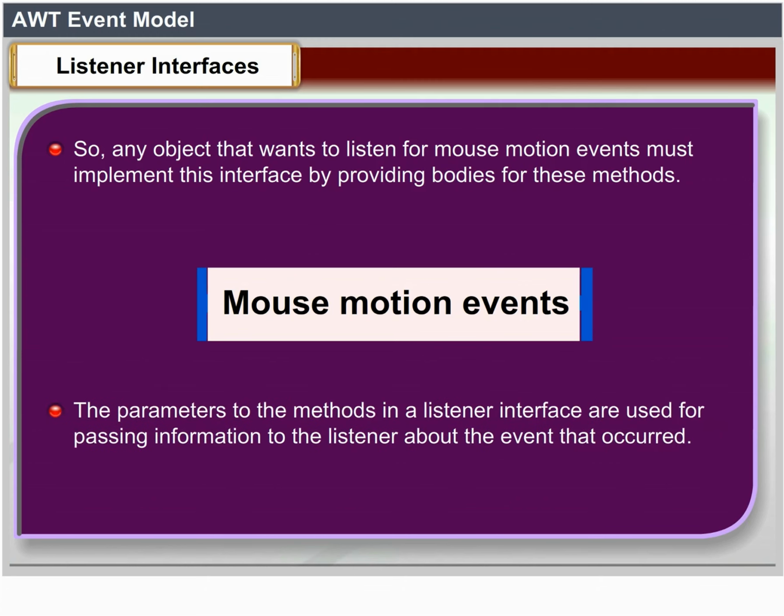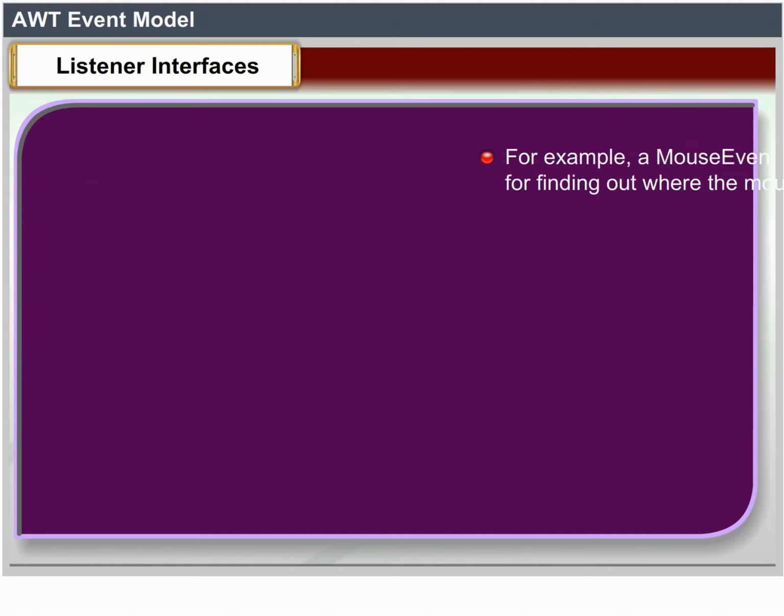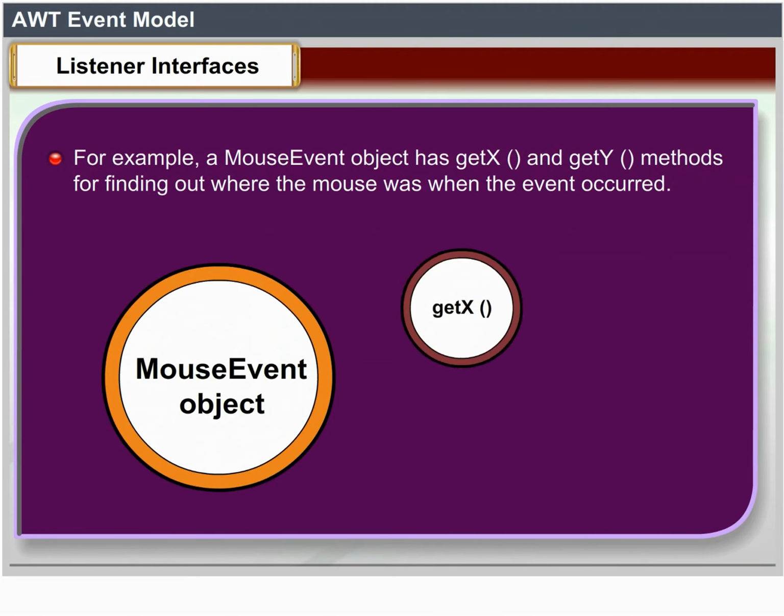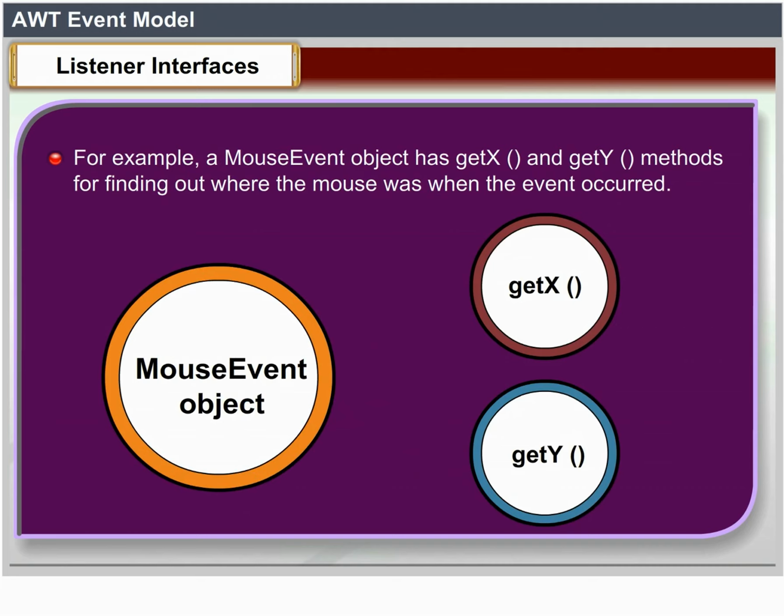The parameters to the methods in a listener interface are used for passing information to the listener about the event that occurred. For example, a MouseEvent object has getX and getY methods for finding out where the mouse was when the event occurred.